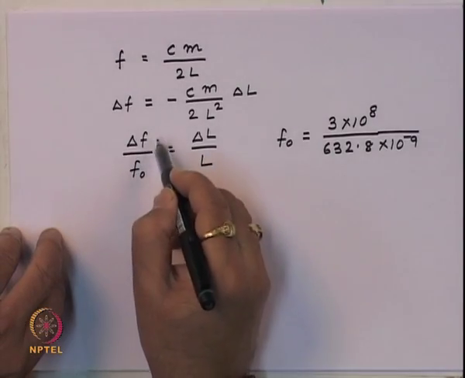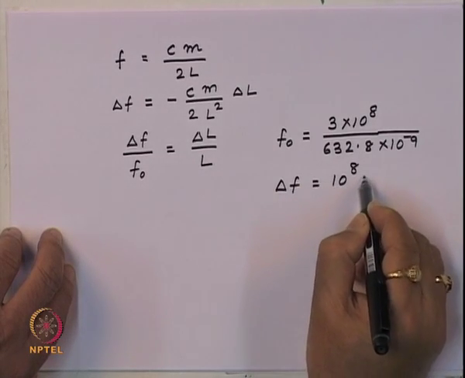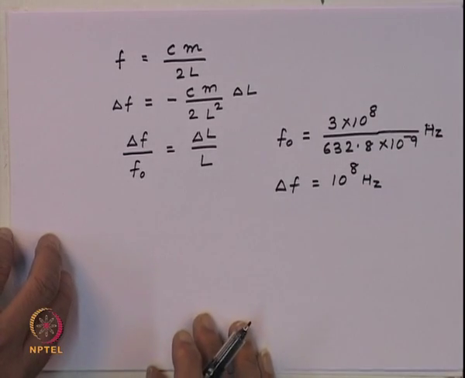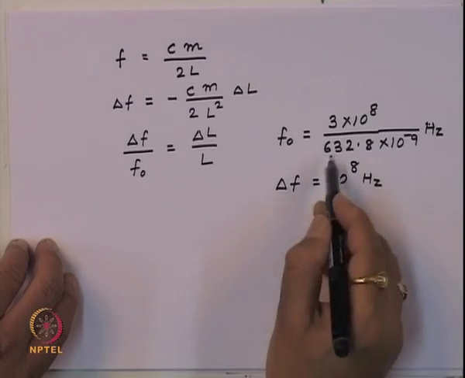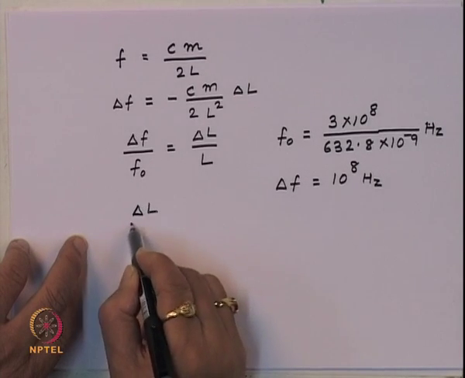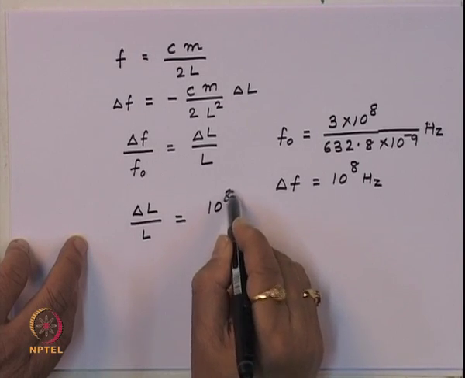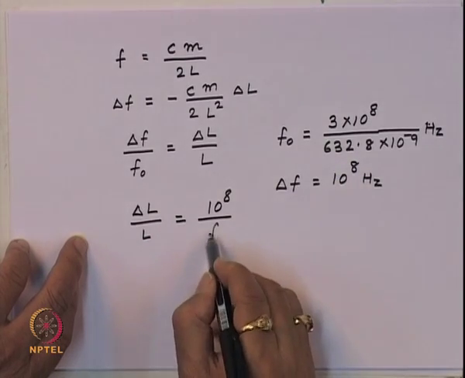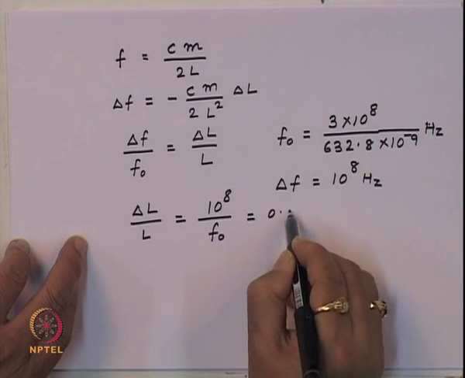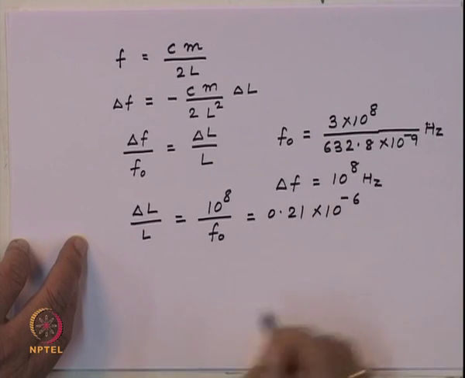That means, this quantity delta f for this problem is 10 to the power 8 hertz. So, if we substitute into this, we get delta L upon L, which is equal to 10 to the power 8 divided by this quantity f naught, which will turn out to be 0.21 into 10 to the power minus 6.